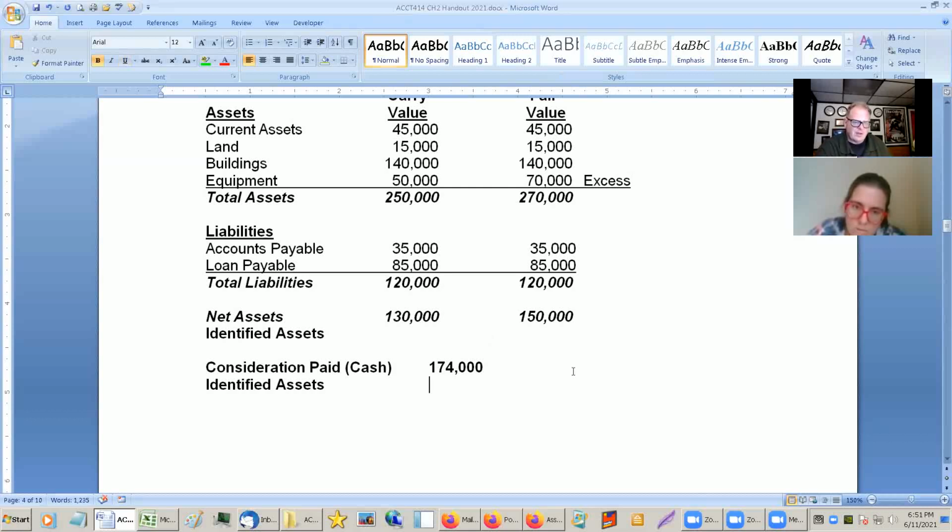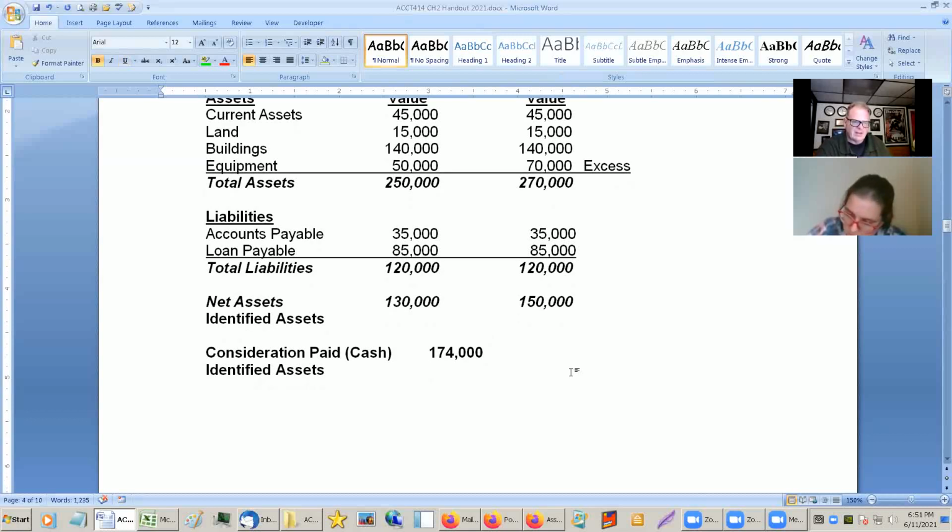I think the way that they had it was this. Excess assets were 20,000.